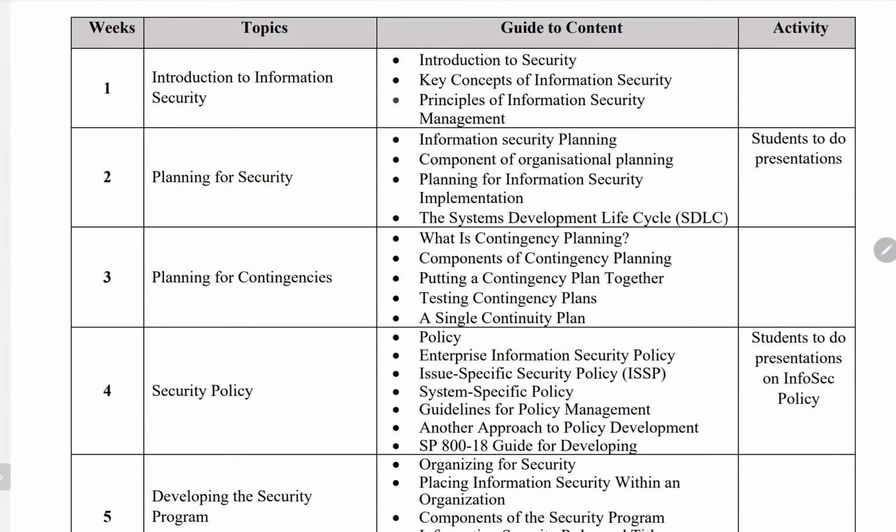Last semester, for some reason, I moved a bit technical, but the department felt like it's Management Information Systems, it's an MBA program, so I should limit the technical aspect of it, which this semester I have to do. So basically, the course is going to focus much on the management of information system security in organizations.